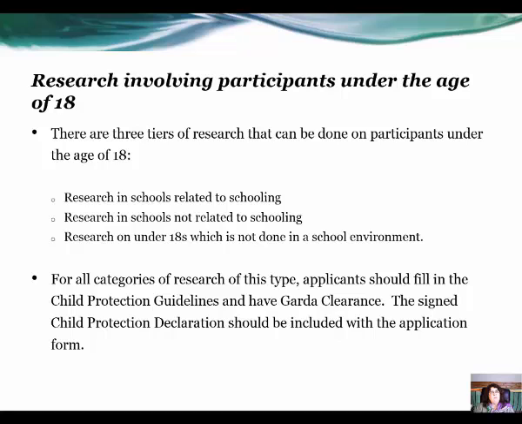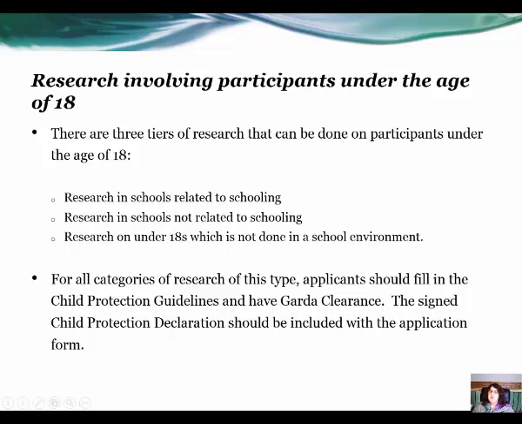For this type of research, we recommend that an opt-out letter be sent to parents, where they are given an information sheet on the proposed research, indicating that if they do not want their child involved, they can opt out of the research project.